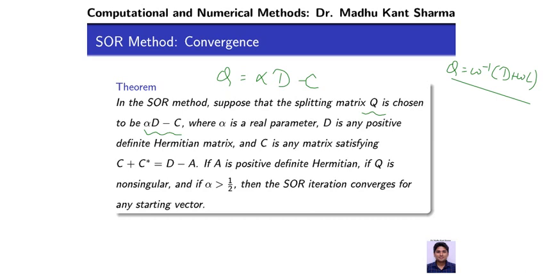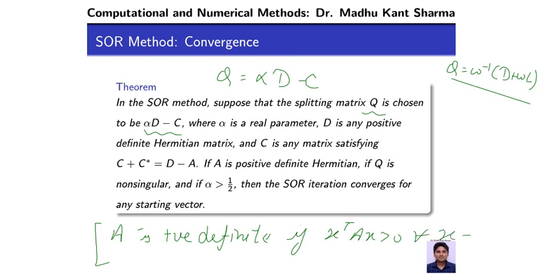So here alpha is a real parameter. Now D is any positive definite Hermitian matrix. If we recall, a matrix A is positive definite if x transpose A x is greater than 0 for every non-zero x.